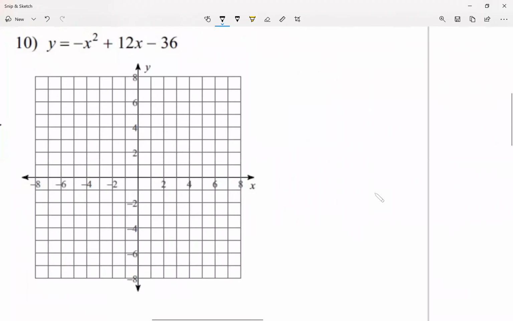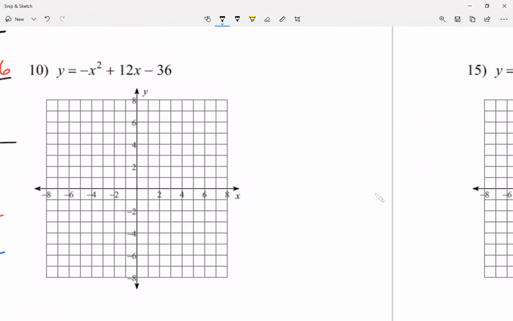All right, let's take a look at question number 10. Remember, I have to find the A, B, C values. I'm going to say my A is -1. So just for starters, I know this graph is going to open down. My B is +12, and my C is -36. We're going to be using these ABC values a lot more next week, so get familiarized with those.